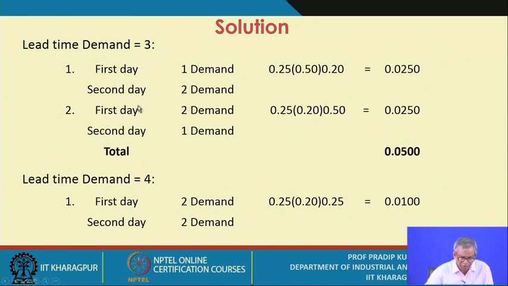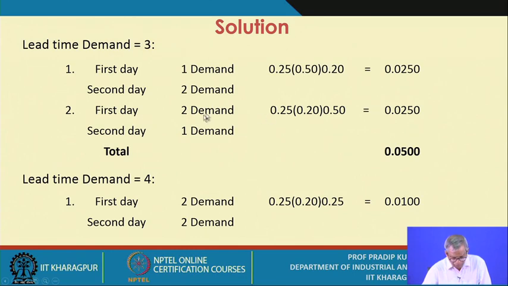So in 2 ways it can happen: first day 1 demand, second day 2 demand; first day 2 demand, second day 1 demand. That means the lead time will always be 2 days. So what is the probability that on the first day the demand will be 1 unit, that is 0.50, and on the second day the demand will be 2 units, that is 0.20.